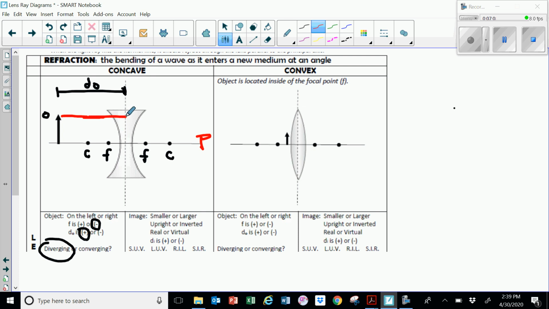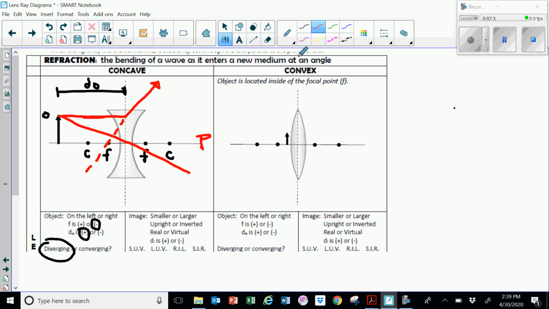It's going to diverge outward, and if I project that back, that ray's projection is going to go through the focal point. Then I'm going to draw another ray right from the head of this object, right through the vertex. And just like that, there we go.